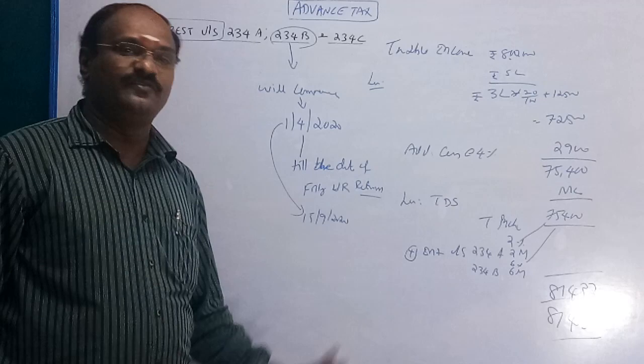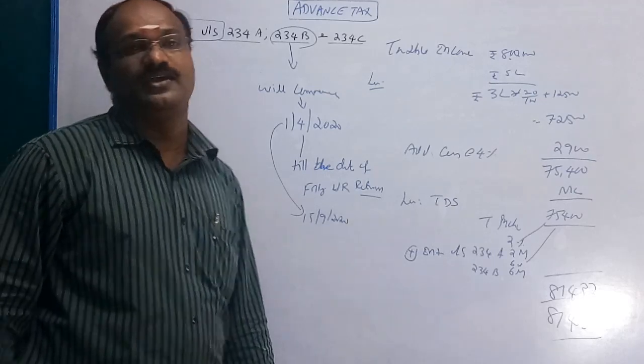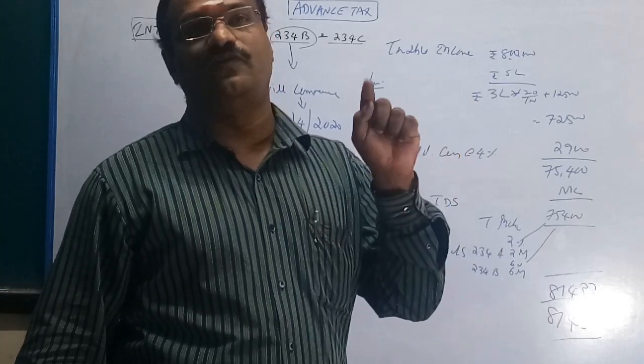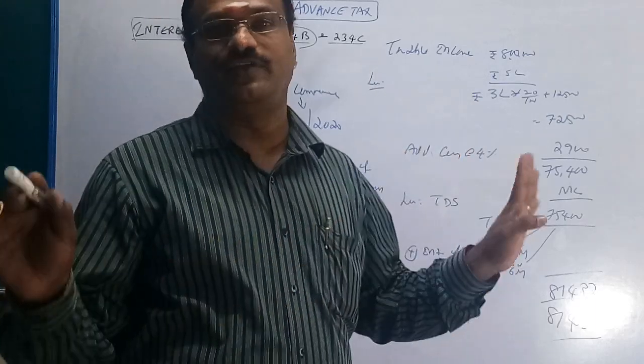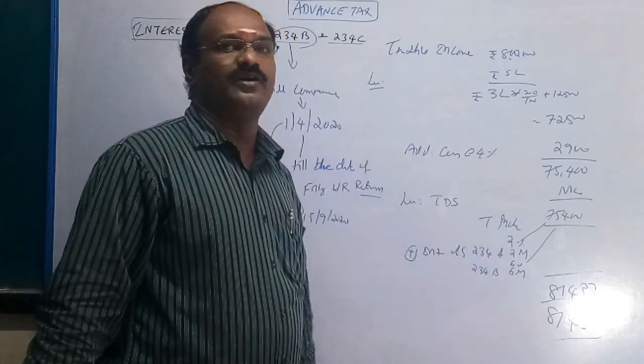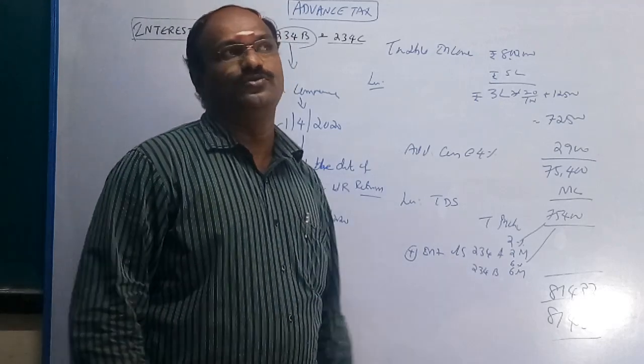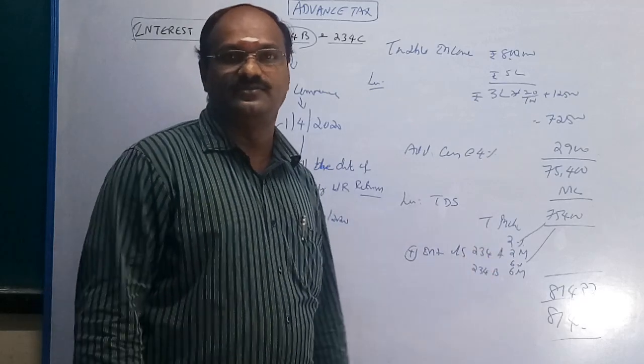Okay. Suppose you pay in July itself, then April, May, June, July, 4 months for 234B, no 234A, because your tax is paid before the due date. Thereby, no 234A will be attracted.